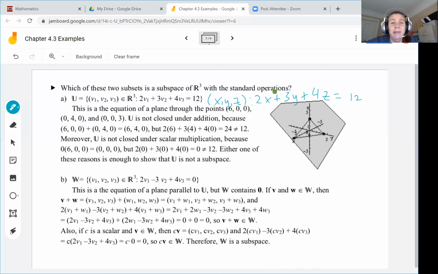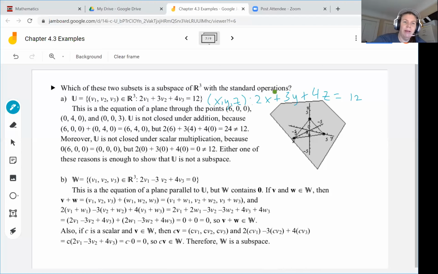Okay, so this is the equation of a plane, and the plane goes through the point (6, 0, 0). You could check because 2 times 6 is 12. It would also go through the points (0, 4, 0) and (0, 0, 3).